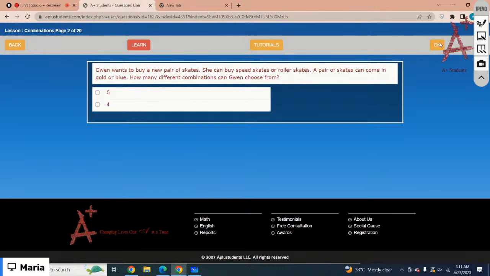That means the total options they have is 4.